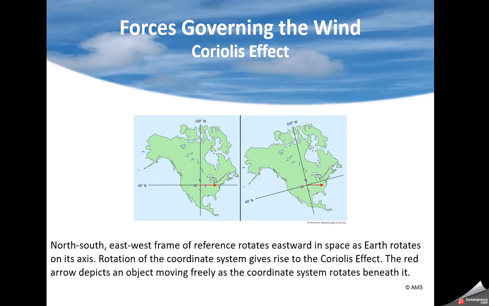So which part of the planet is going to move faster relative to the outside frame of reference? Well, obviously down towards the equator is going to move much faster, right? Because of that difference in motion, it actually generates a force on the wind. It's called the Coriolis effect. It occurs in the northern hemisphere and always pushes the wind, the air parcels, to the right. In the southern hemisphere, it will push them to the left.